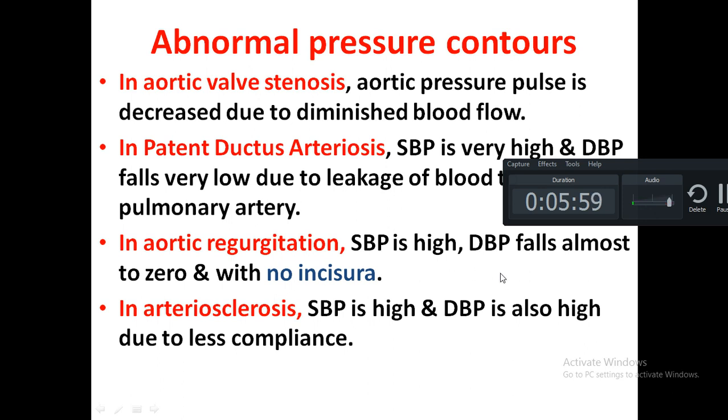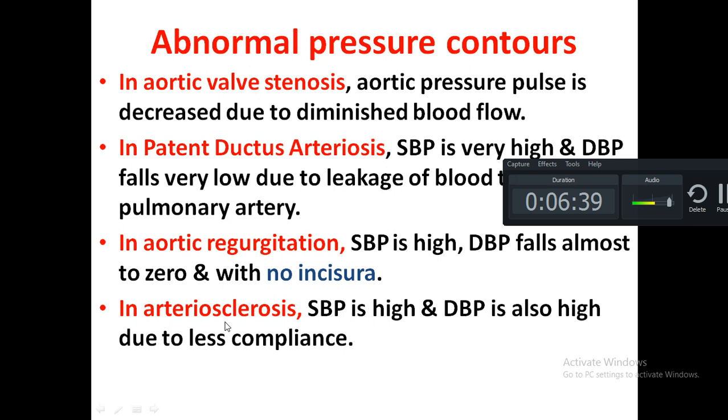During the diastolic period a fair amount of blood which has been pushed into the aorta regurgitates back, or returns back, to the left ventricle because of the improper closure of the aortic valve. So the systolic pressure is very high, whereas the diastolic pressure almost falls to zero. And the important thing is that there is no incisura, because incisura is due to the closure of the aortic valve. Since the aortic valve is not closed properly, there will be no incisura in this case.